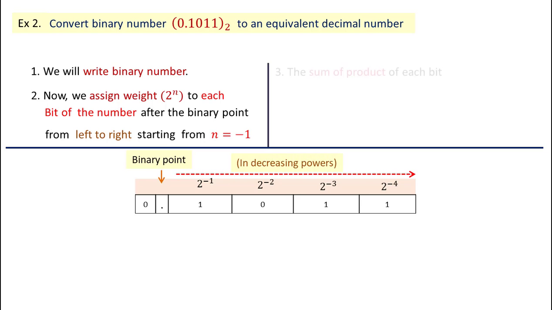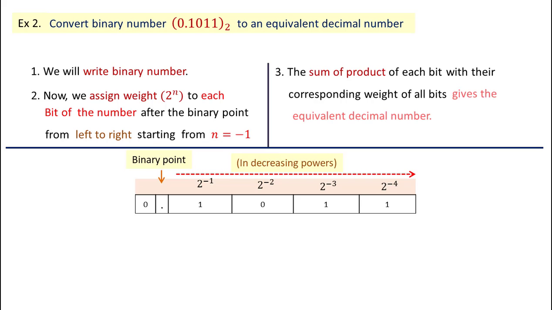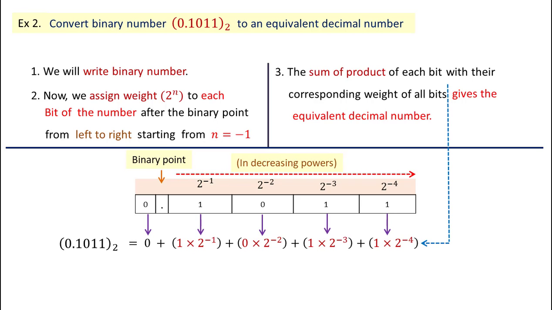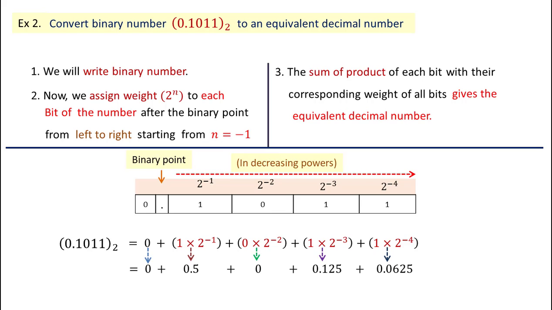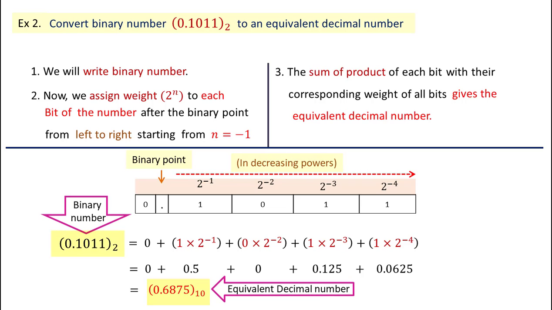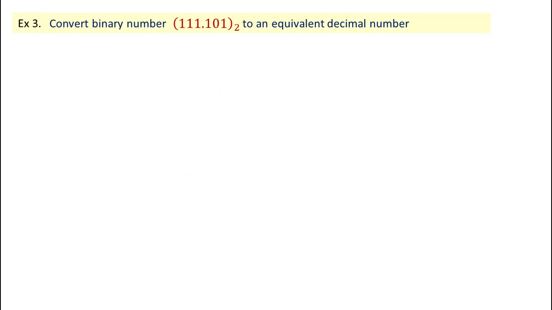Step 3, the sum of product of each bit with their corresponding weight of all bits gives the equivalent decimal number. Now we will discuss next example. Here we have a mixed binary problem.